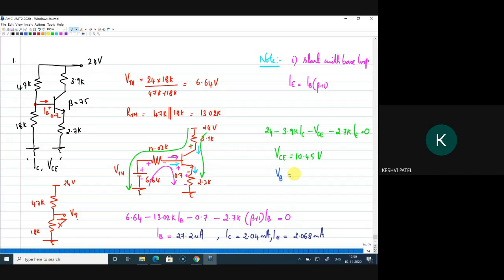Sir, in that loop, 24 minus 47... Where is 24 minus 47? Sir, the node voltage VB. So VTH minus IB into RTH.